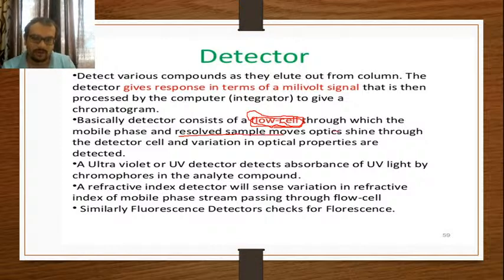Now if the components of your mixture show optical properties, then light shines through the detector cell, and variation in the optical properties can be detected. That's why there is a variation in detector cells, if the optical properties of the resolved sample need to be identified.